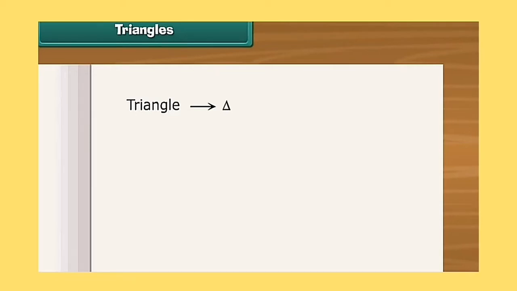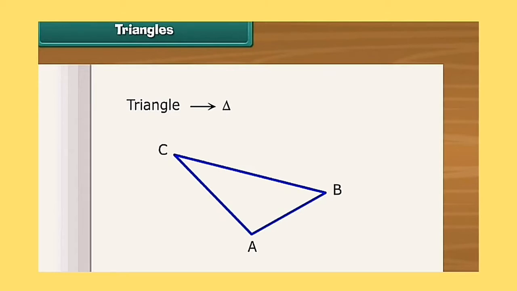So the triangle is also a polygon. This is triangle ABC, or we can call it triangle ACB, or triangle CAB, provided you name the vertices A, B, C or C, A, B, in whichever way you name the triangle.